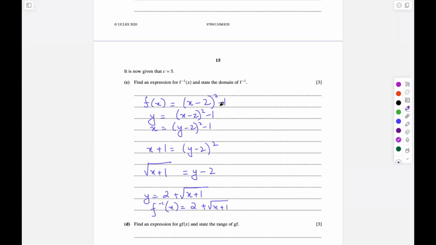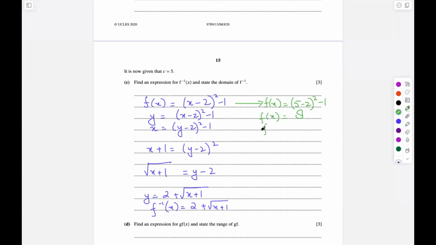Now to find the domain for f inverse: for a function f of x, the range is equal to the domain of the inverse function. So first we can find the range of the function f of x. As the value of c is 5, substituting x equals 5, we'll get (5 minus 2) whole squared minus 1. 5 minus 2 is 3, 3 squared is 9, so 9 minus 1 is 8.